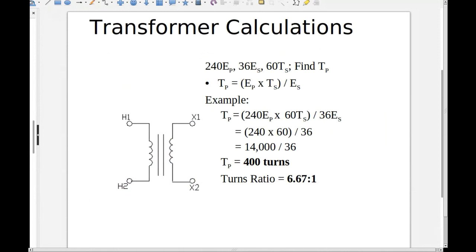This is a picture of an isolation transformer here. There's no connection between the high side or primary side and the secondary side, and it's also showing you the turns ratio calculation there.